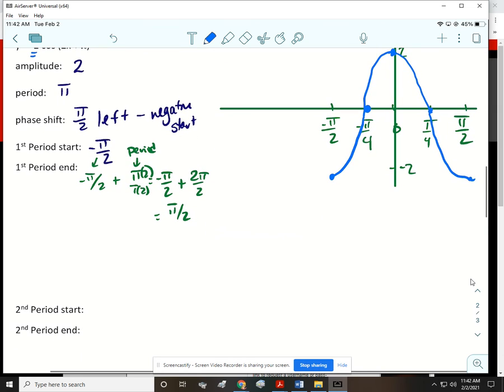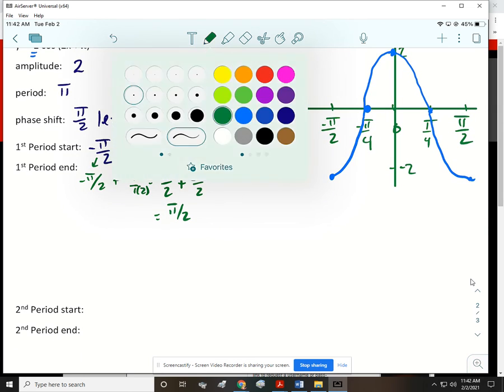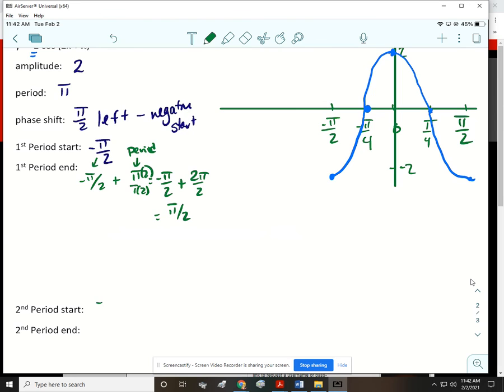Okay. Then, if I want to find the start of my second period, I'll take my original period start. I'm going to subtract the period from it. So this is going to be negative 3 pi over 2.